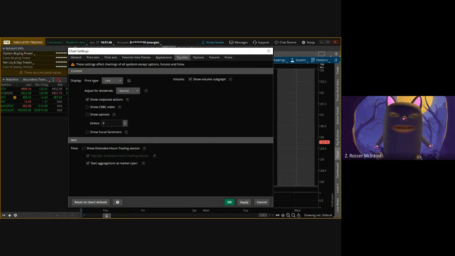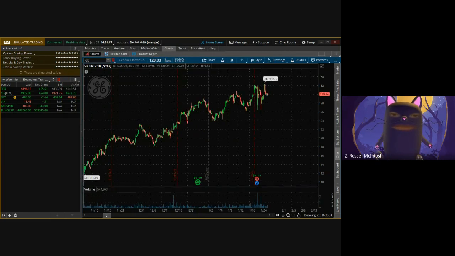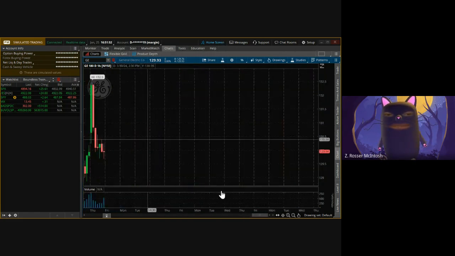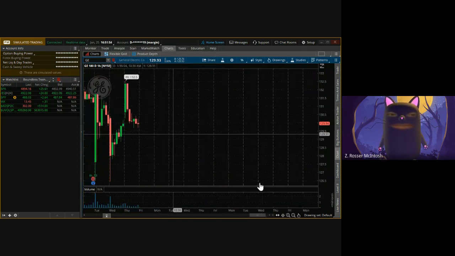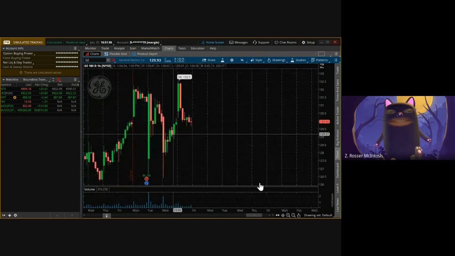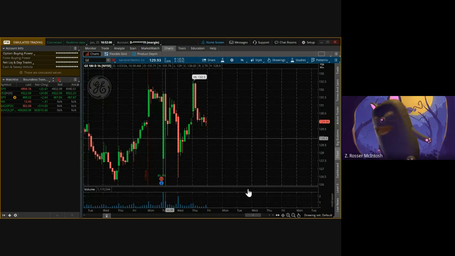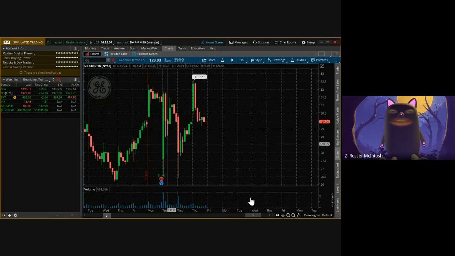All right. And now let's zoom back in on the same area we were just looking at. So the way that it will appear is as gaps in the chart. You can think about a gap in some sense like a big candle.